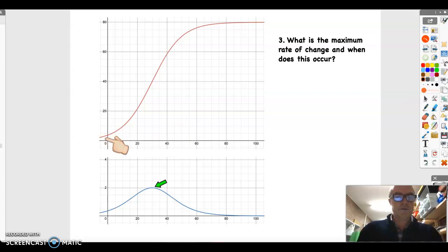So the top graph shows us how the population is changing, while the graph underneath tells us how the rate of change is changing. Notice the rate of change is always positive, so the population is always increasing, but at some point it's increasing faster than any other point. And so we've got this maximum value on that curve.